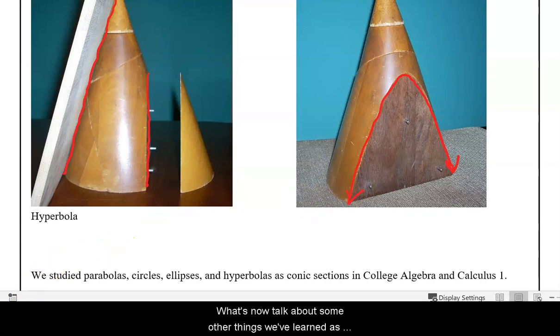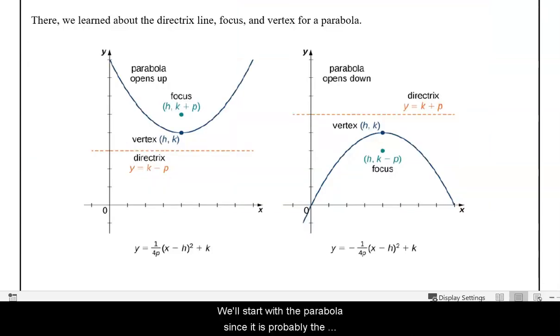Let's now talk about some other things we've learned as we've studied parabolas, circles, ellipses, and hyperbolas as conic sections in college algebra and calculus 1. We'll start with the parabola since it is probably the simplest of the conic section shapes.